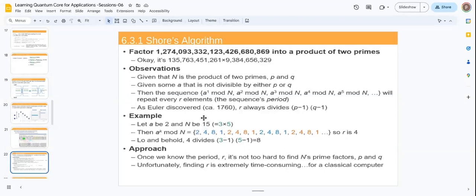So if you take a modulus, with n equal to 15, 2 to the power 1, 2, 3, 4 gives 2, 4, 8, 16. So mod 15, you will get 2, 4, 8, 1, 2, 4, 8, 1. It will keep on repeating, where the repetition is 4.